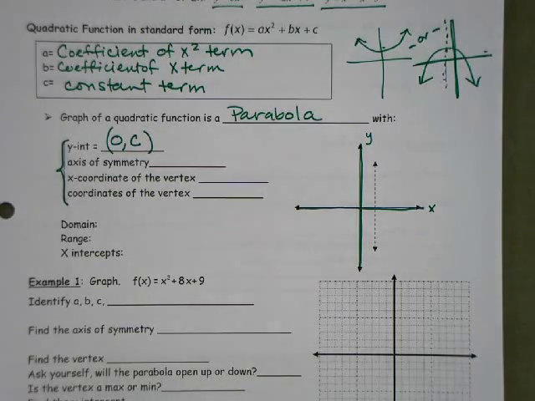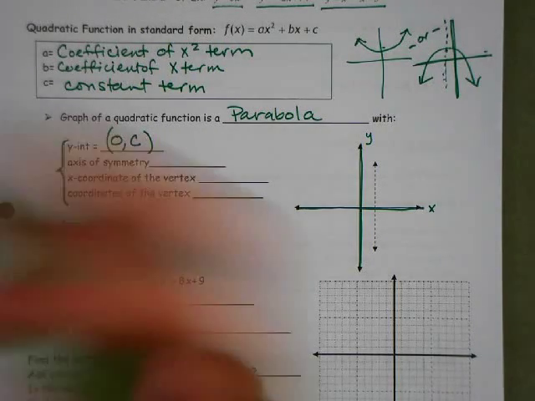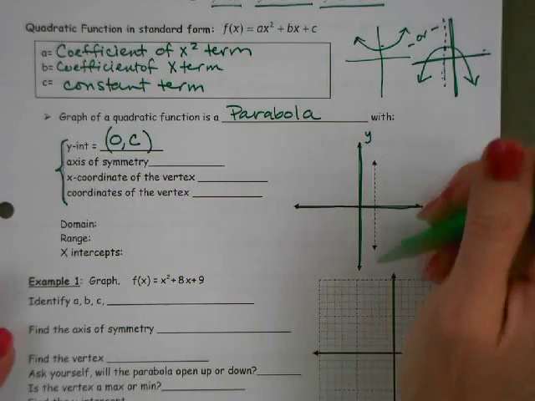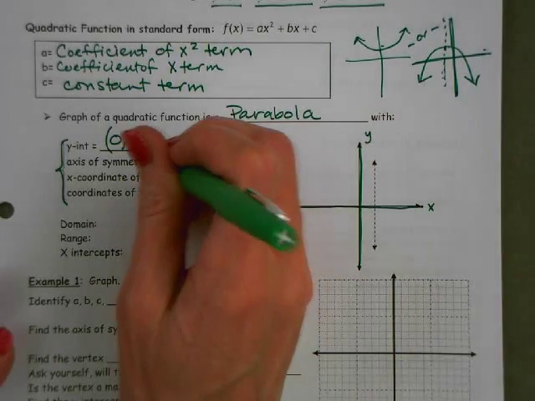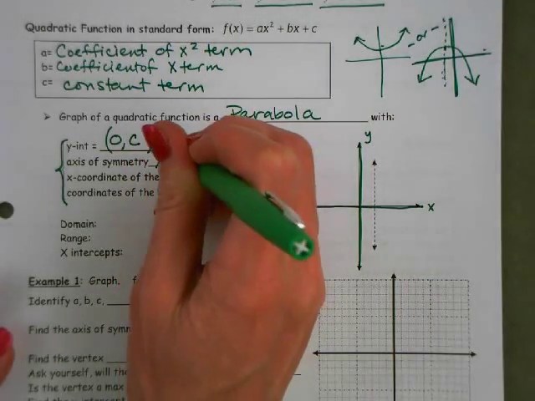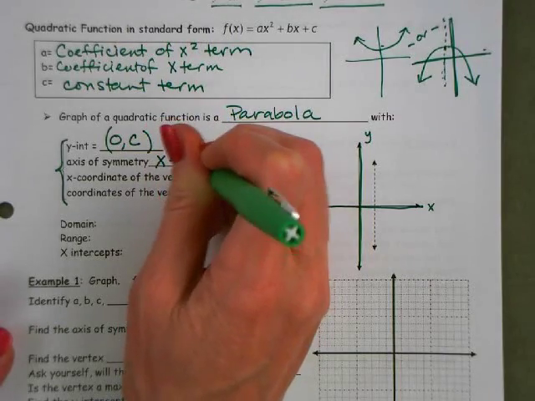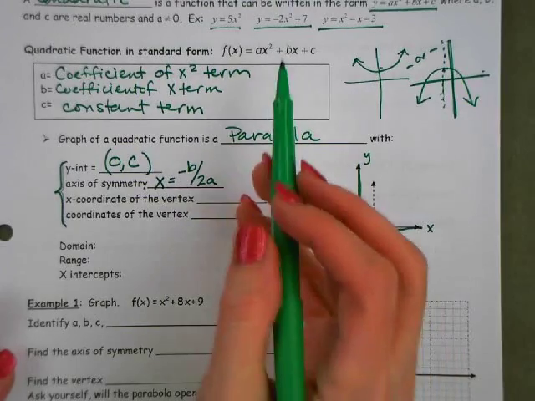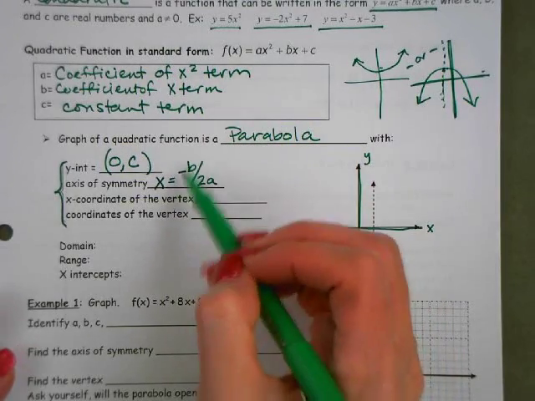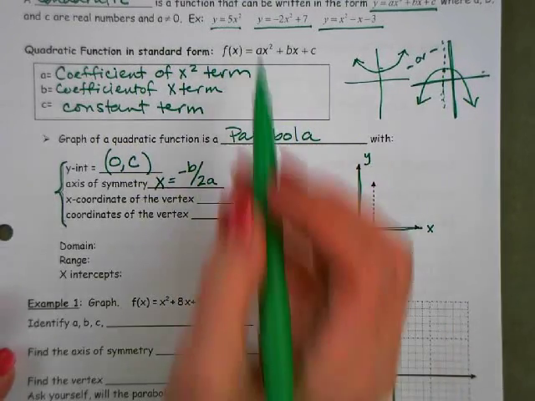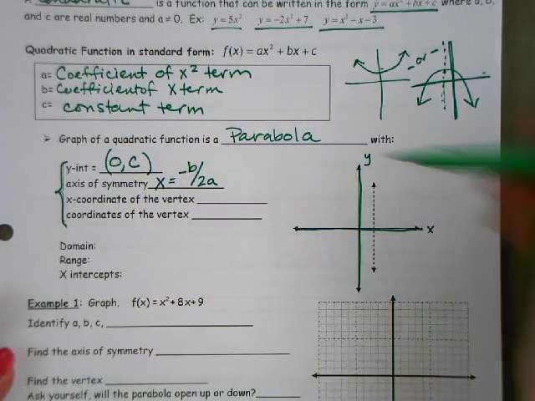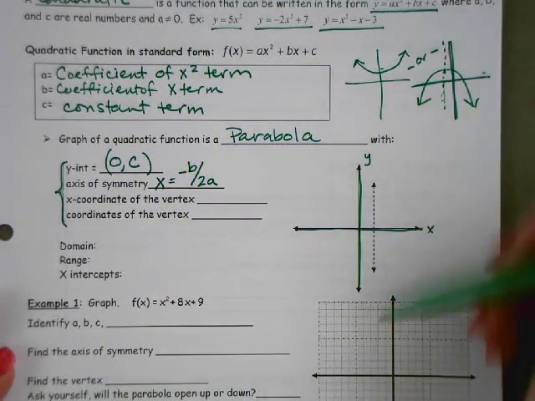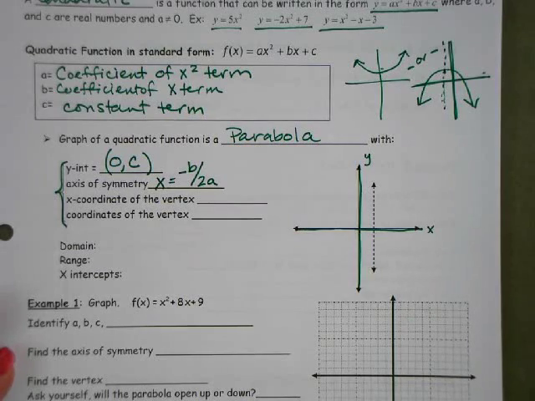Okay? So it's symmetrical, it's the same on one side as on the other. And you can find that axis, that up and down line, as x equals negative b over 2a. So when you have it in standard form, you just take your b value, make it negative b, and that's over 2 times your a value. And that will tell you where the parabola is going to split up and down. Okay?